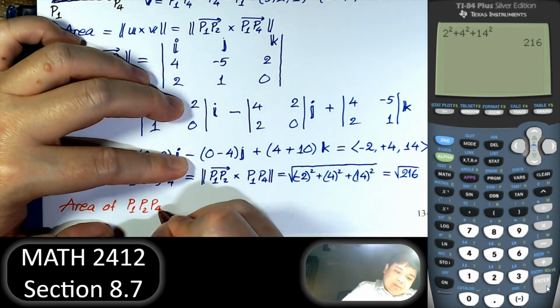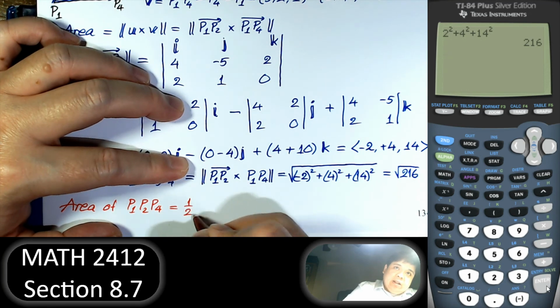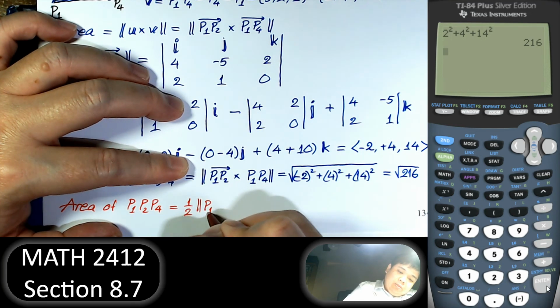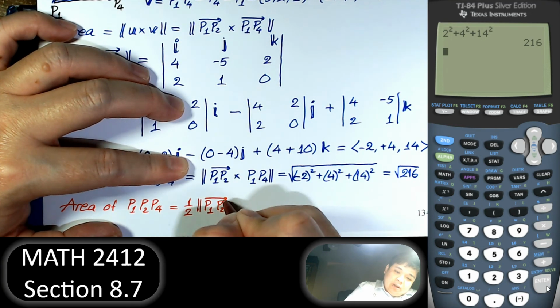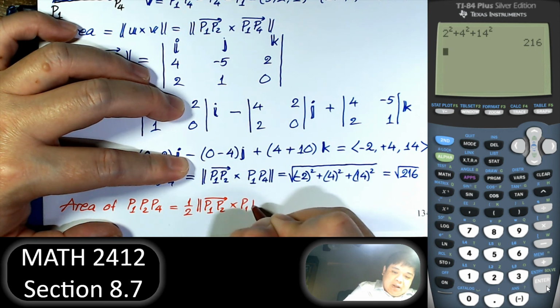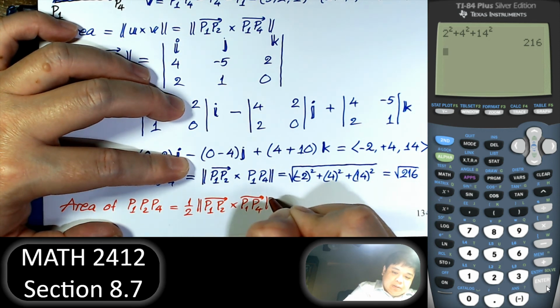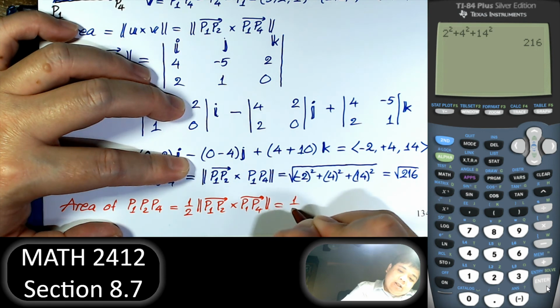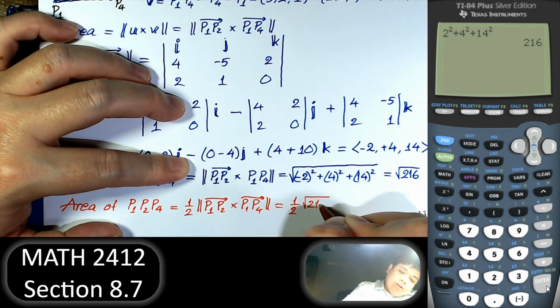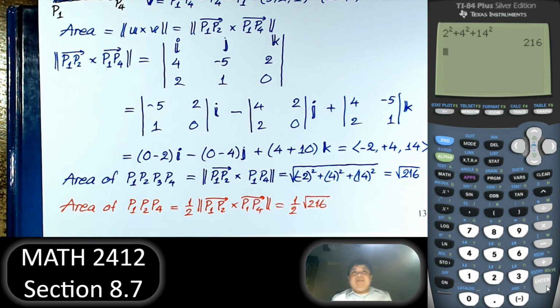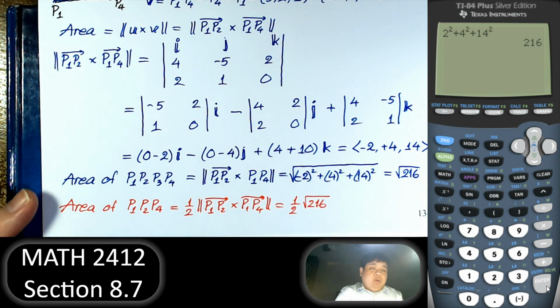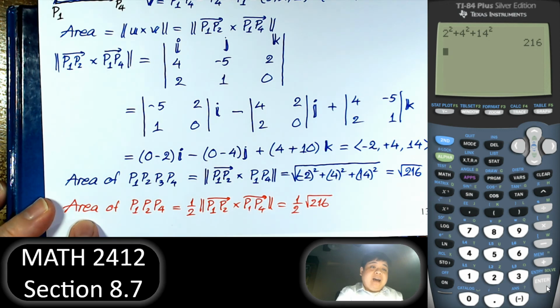It's going to be half of P1, P2 cross P1, P4. So whether we are asked to find the area of the parallelogram or the area of a triangle, we still do the cross product and take the magnitude. If we want the area of a triangle, cut that in half.